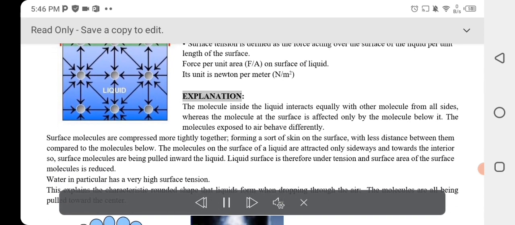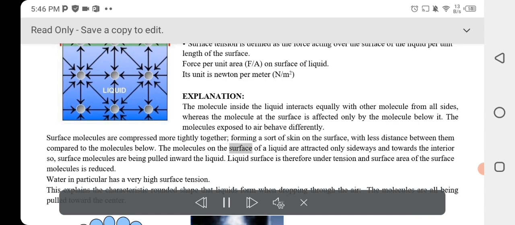Explanation. The molecule inside the liquid interacts equally with other molecules from all sides, whereas the molecule at the surface is affected only by the molecules below it. The molecules exposed to air behave differently. Surface molecules are compressed more tightly together, forming a sort of skin on the surface, with less distance between them compared to the molecules below.